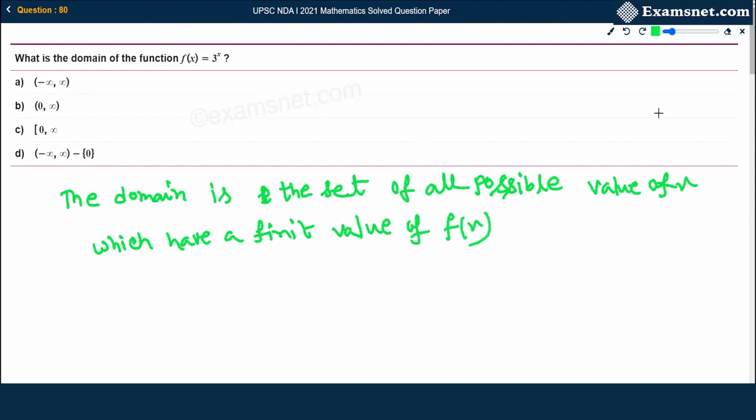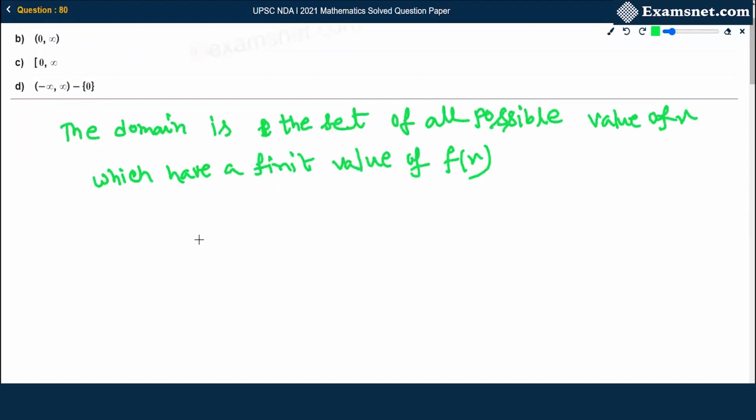So here the given function is f of x equals 3 to the power x. Now look, for all finite values of x, the function will have a finite value.